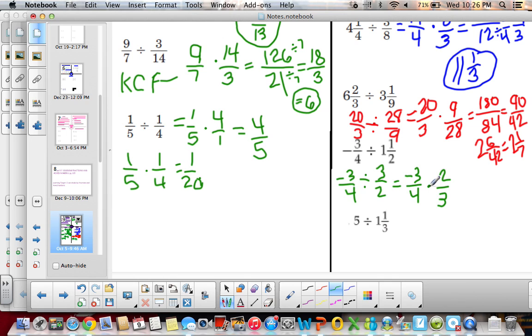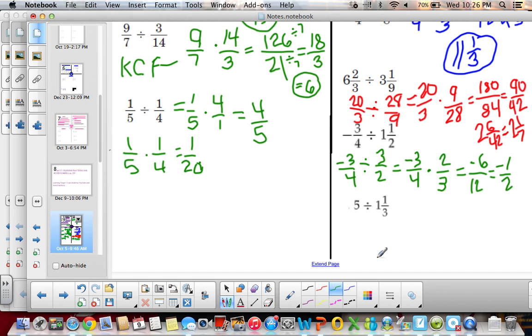So you're kind of flipping the operation as well, if you can think of it that way also. So -3 times 2 is -6 over 12, so -6/12 is also the same as -1/2. Very important to keep that negative sign in there.